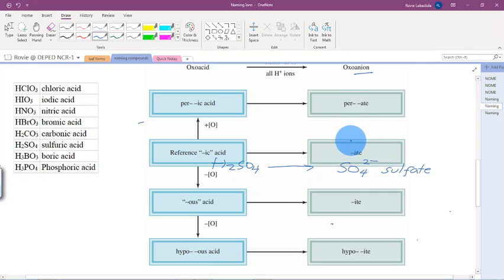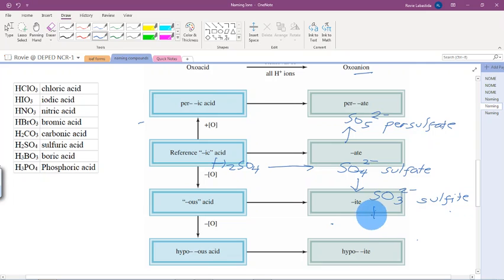Alright. And if we add 1 oxygen atom in the formula, it will become SO5 2 negative. And this is called persulfate. And if we remove 1 oxygen atom from sulfate, it will become SO3 2 negative, and this is called sulfite.